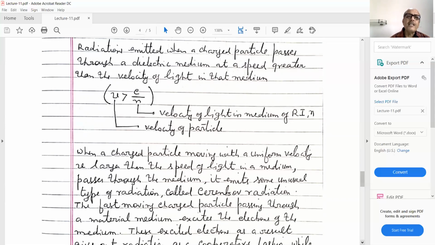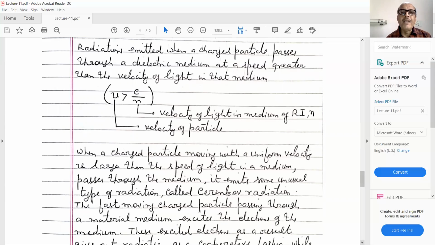But when the same charged particle moves with a uniform velocity v, larger than the speed of light in that medium, and passes through the medium, it emits radiations which were discovered by Cherenkov, and to honor him, those radiations are called Cherenkov radiations. These are emitted by the material medium, as I told you.